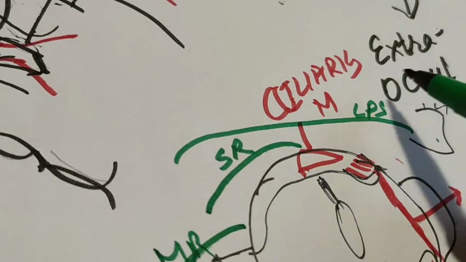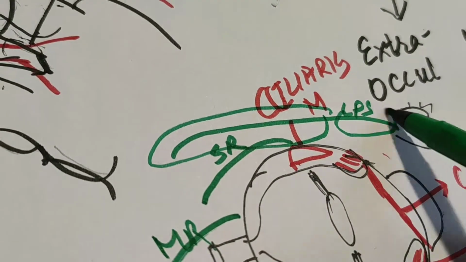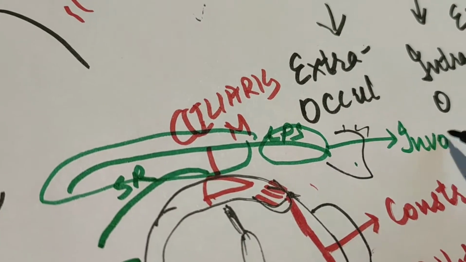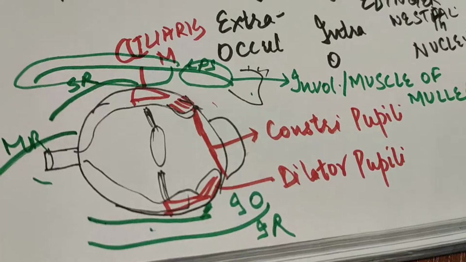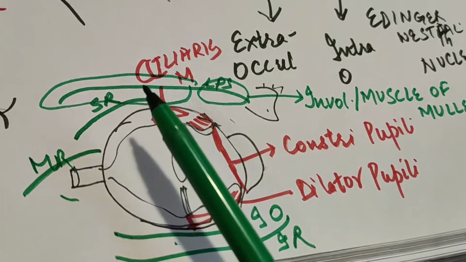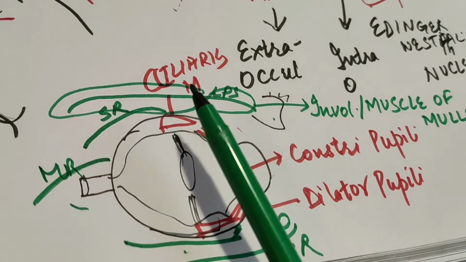This levator palpebrae superioris has two parts. One is this part and one is this part. This part is the involuntary part, also known as the muscle of Muller. The levator palpebrae will elevate your palpebra, that is the eyelid. When you want, you can elevate it, that is voluntary.